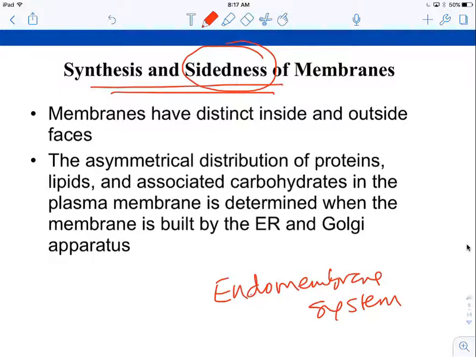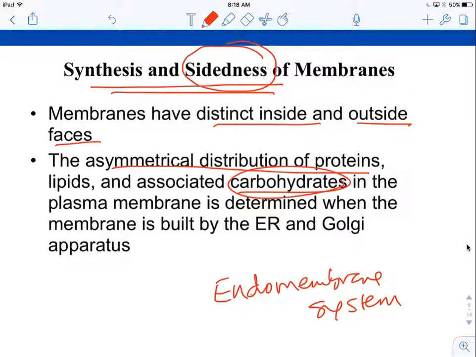So membranes have distinct inside and outside faces. One surface will always end up being the outside of the cell, and one side will always end up being the inside of the cell.